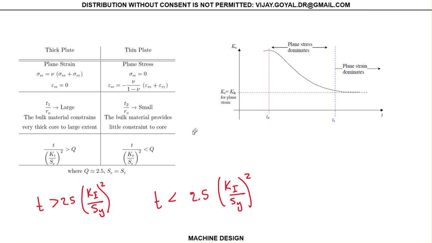So now pay attention very closely to what happens. This is the value that you get from testing. This value is what you get from testing mode 1, K1, and this is for plane strain. This is where my test data actually comes from. But I may have the case where my thickness is smaller than this, and you can see I got a bigger cushion now, right?